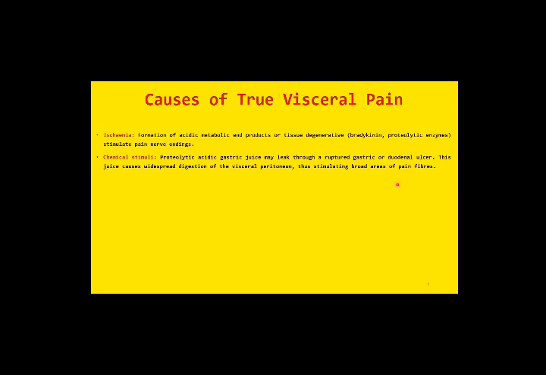So such stimulus is chemical stimulus. So ischemia may stimulate the nerve endings. Chemical stimuli like gastric juice may stimulate the nerve endings.